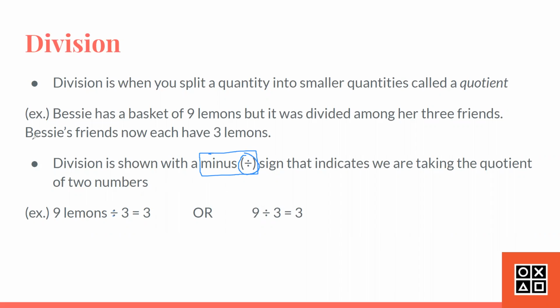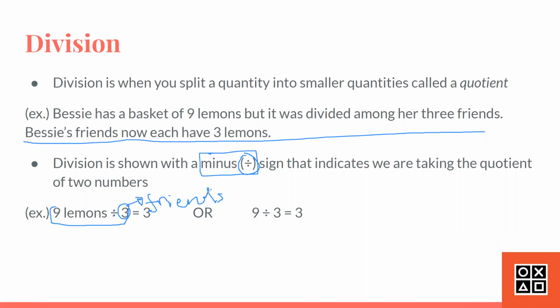So to show this sentence as division, we would just say 9 lemons divided among her 3 friends, and the final answer would be 3 lemons per 1 friend of hers. And you can also show this without words. 9 divided by 3 equals 3.